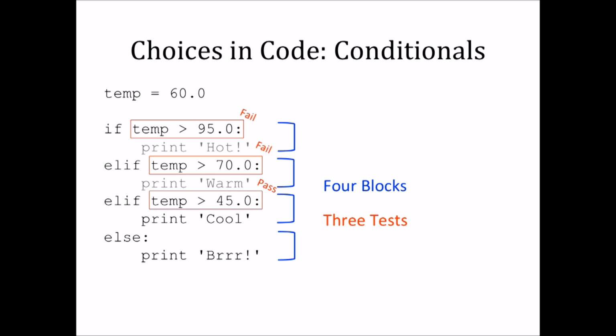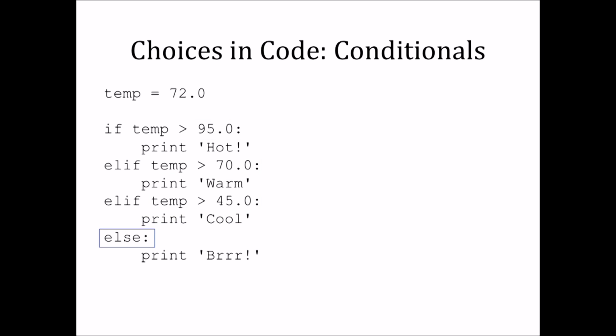The code associated with that test will run, and no other tests will be performed. If no tests pass, then the optional else clause will execute. Remember that if tests are always run, while elif and else tests are only run if the previous tests failed. Take some time to review the slides on conditional statements, as well as practicing the examples in this video.